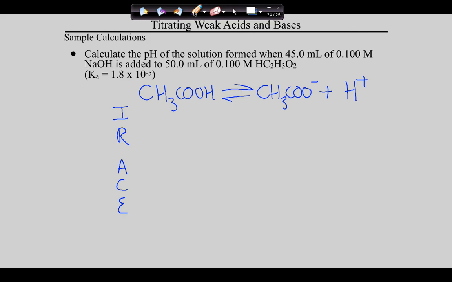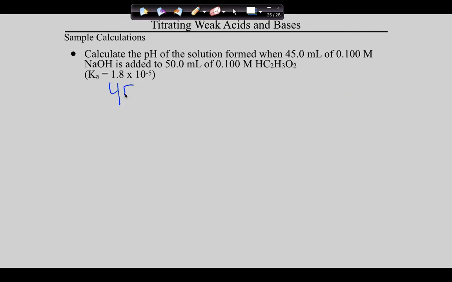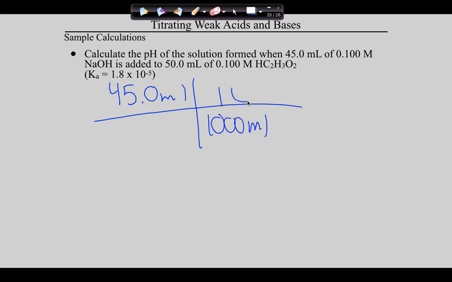So guys, beginning to plug this in, we need to do a side calculation. You need to show this where we go 45 milliliters, 1,000 milliliters is 1 liter. 1 liter is 0.100 moles of NaOH.